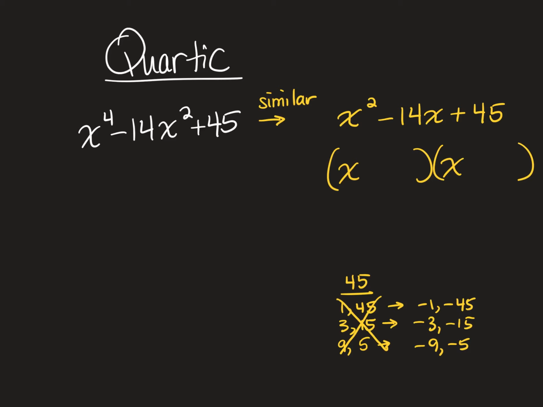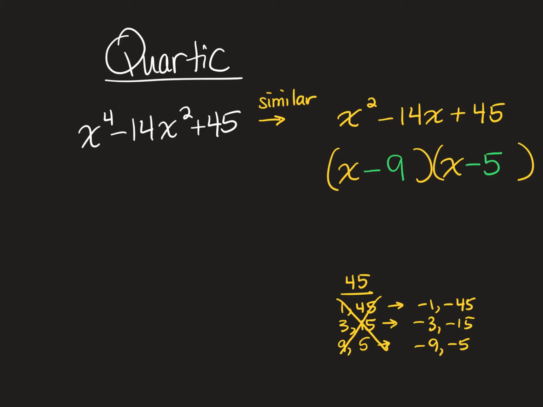So here's my sort of strategy. When I'm factoring, and some of you may already know what this is going to be, and that's fine, but I'm kind of talking through some thought process here more than this particular problem. The strategy here is I always pick the numbers that are closer together to try first. So I wouldn't try 1 and 45 first. I would try 9 and 5. So I'm going to try -9 and -5.